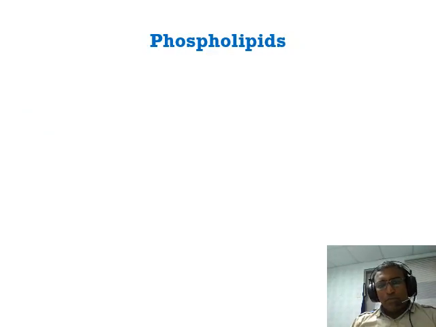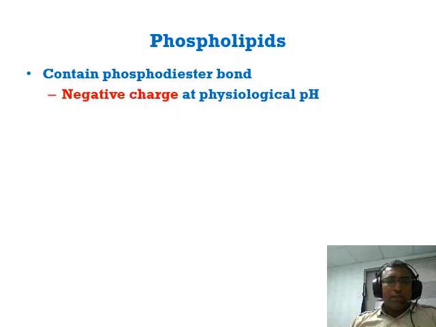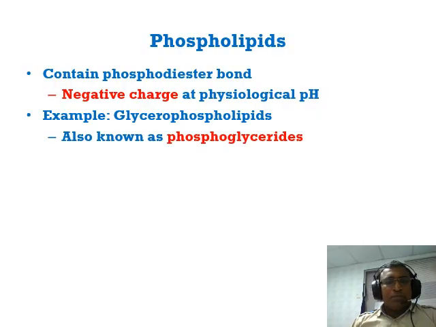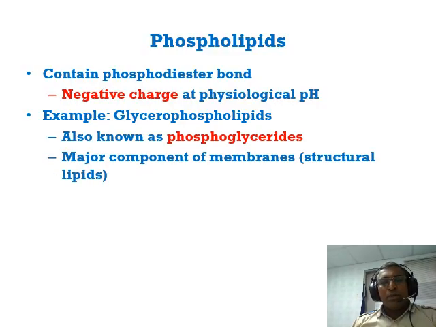So now we look at phospholipids. It is negatively charged because of the phosphate that is found there, and could also have a positive charge or a polar component, which we will see in a while. It can be called glycerophospholipid because of the glycerol involved in connecting the fatty acid as well as the phosphate group.